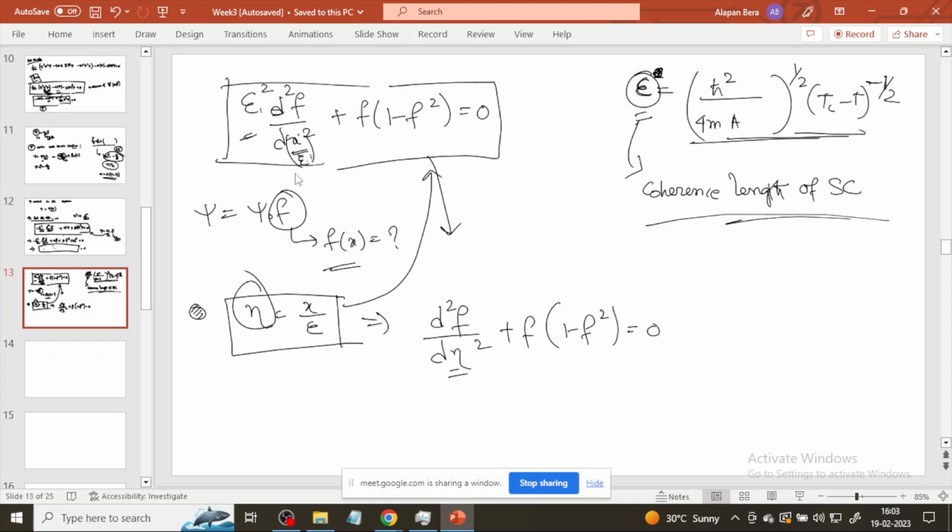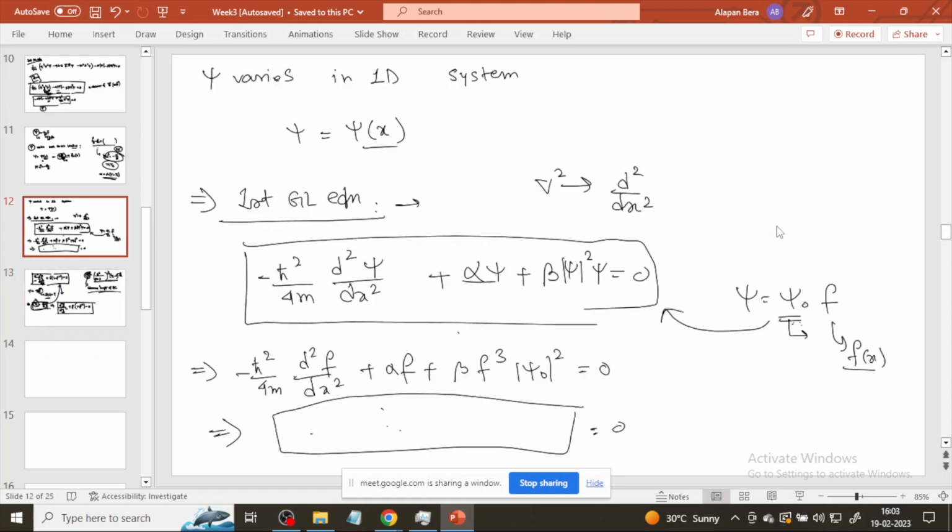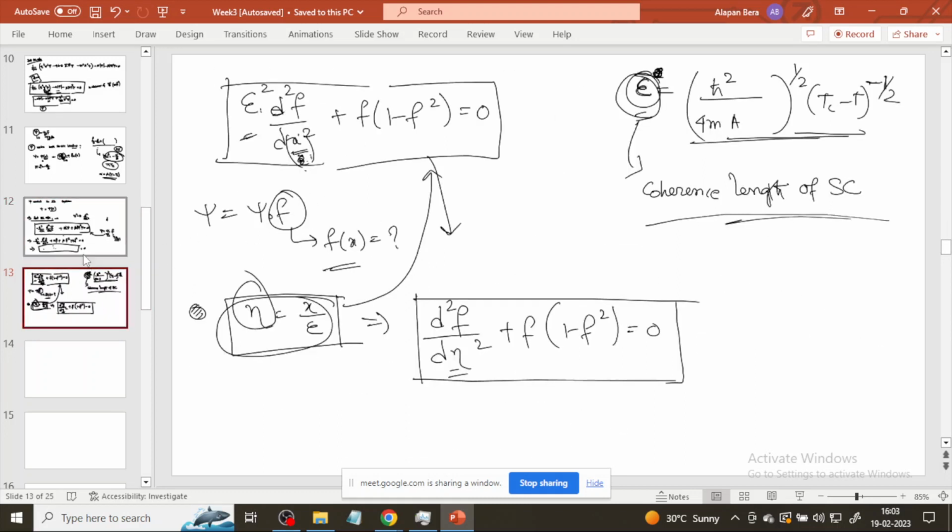So the simplified first Ginzburg-Landau equation is this, with many considerations on these parameters and for a equal to 0. In the presence of these assumptions, the first Ginzburg-Landau equation takes this form.